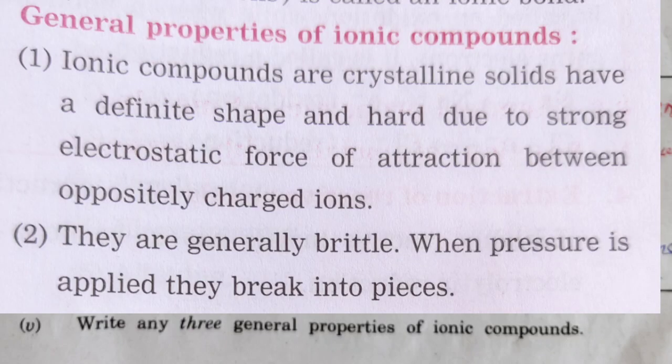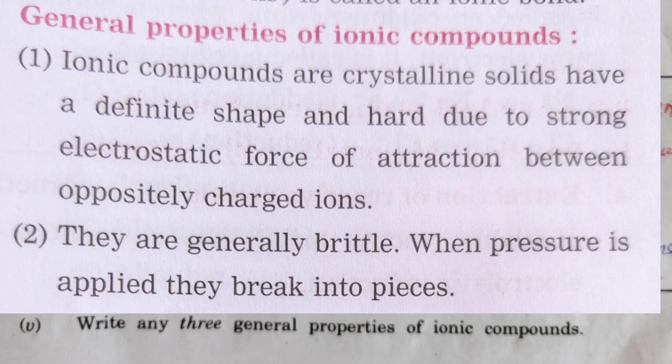Fifth, write any three general properties of ionic compounds. Answer. General properties of ionic compounds. 1. Ionic compounds are crystalline solids, have a definite shape, and are hard due to strong electrostatic force of attraction between oppositely charged ions. Second, they are generally brittle.